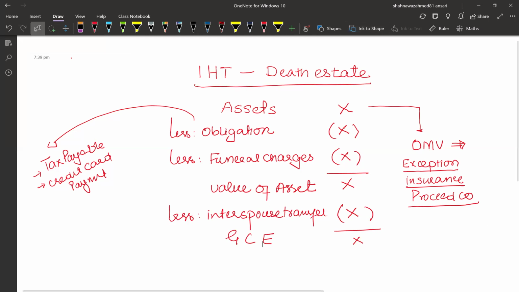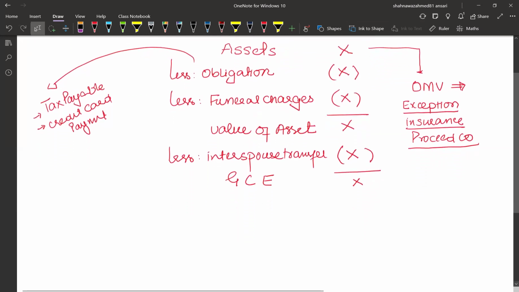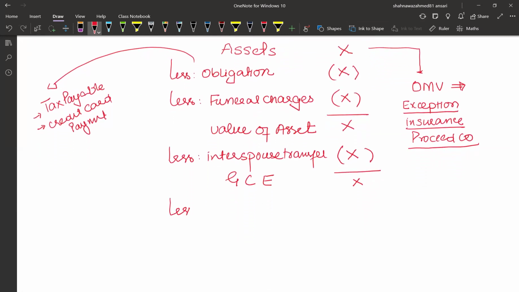Now, we need to find out the taxable amount, or taxable estate. From this GCE, we have to deduct first the RNRB, that is the residence nil rate band. We have to check whether RNRB would be available or not. And then we have to deduct the NRB if it is available.